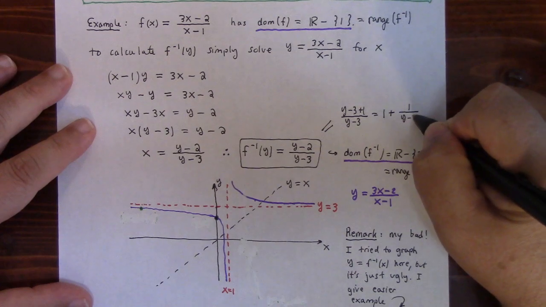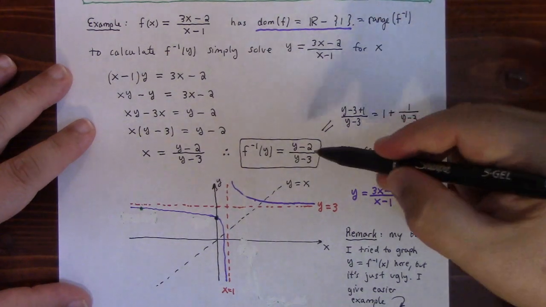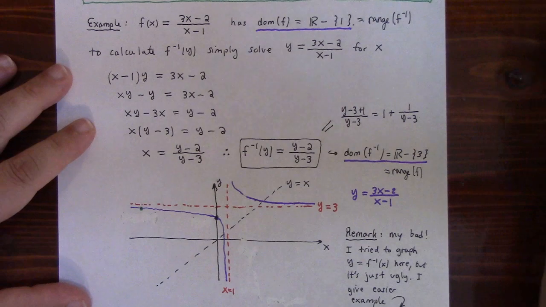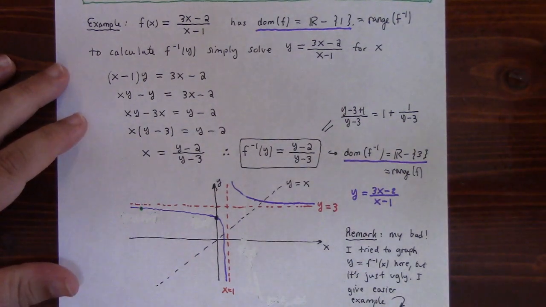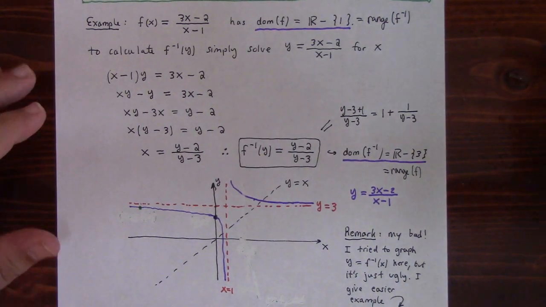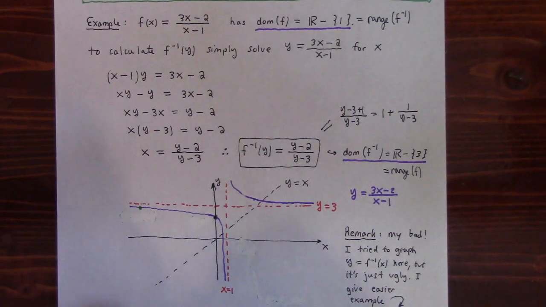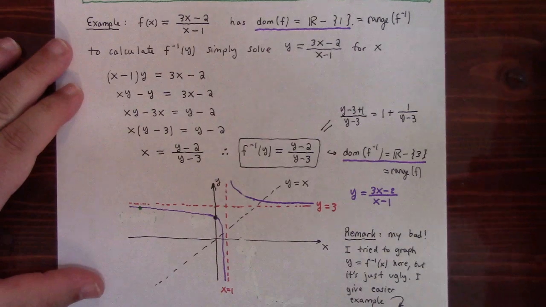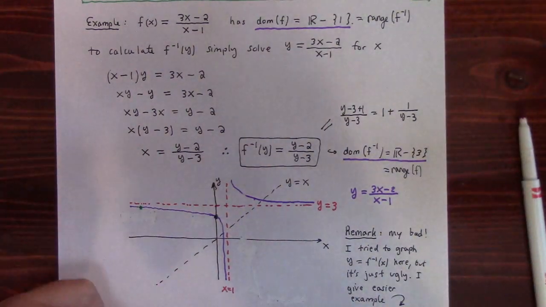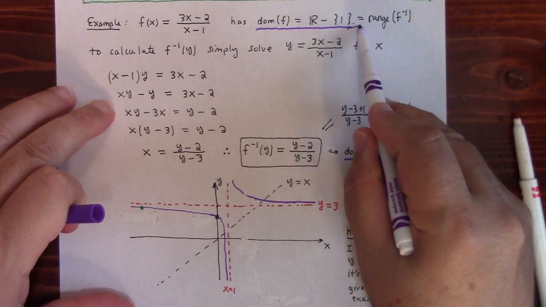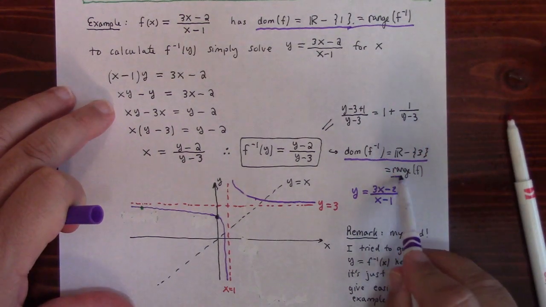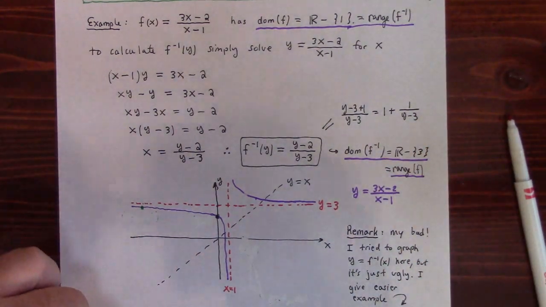So you can see from that formula that the value of the inverse function never reaches 1. It's always above or below 1, so 1 is not in the range of the inverse function, which, as I forecasted up here, is totally unsurprising. So there's this interplay between the range of the function and the domain of the inverse function.